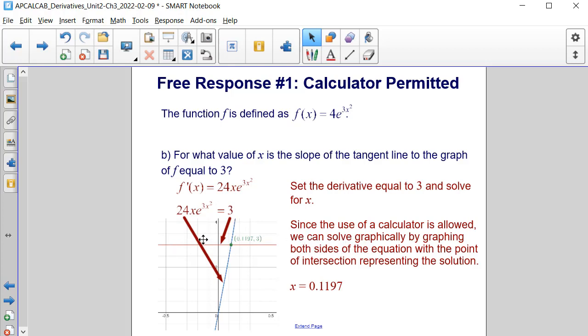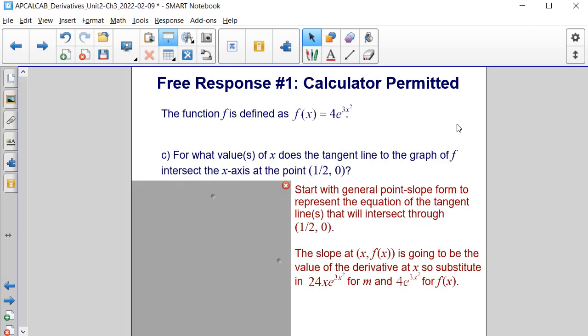So graph both the line y equals 3 and y equals 24x times e to the 3x squared and see where the two of them intersect. And they intersect at the x value of 1,197/10,000ths.